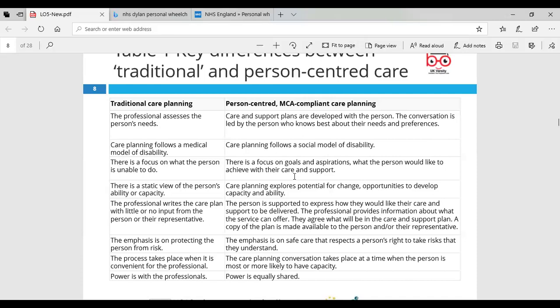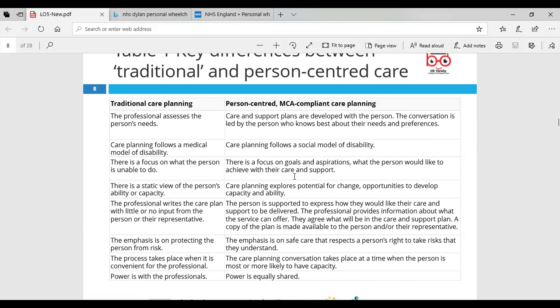Traditionally, care planning followed a medical model of disability, so everything had to have a medical basis. But now there is a social model of disability also. So society also makes you disabled. Sometimes medically, everything cannot be explained.